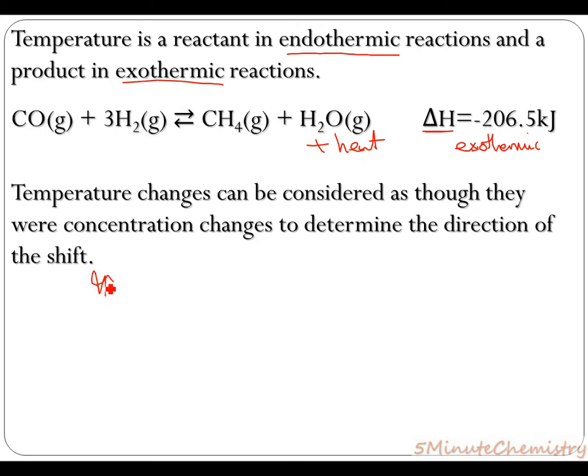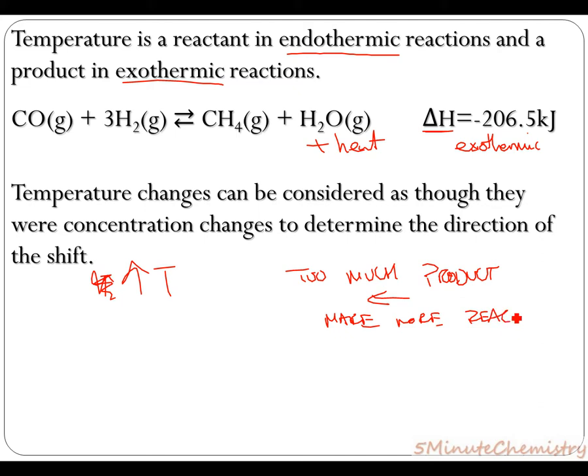If I were to add, whoa, that's a nice arrow. If I were to add temperature to this equilibrium, my stress is I now have too much product. Okay, so I'll have too much product. This is going to cause a left shift, and it is going to make more reactant.